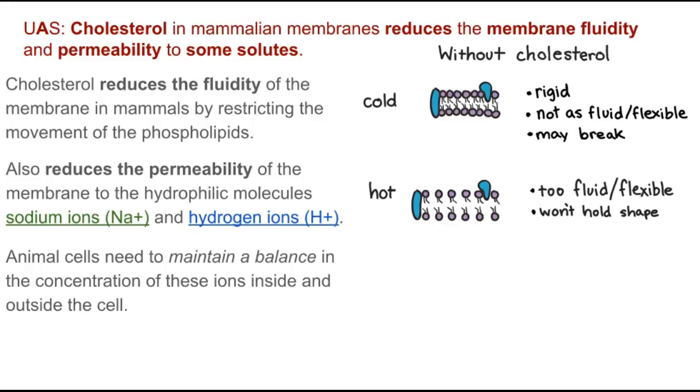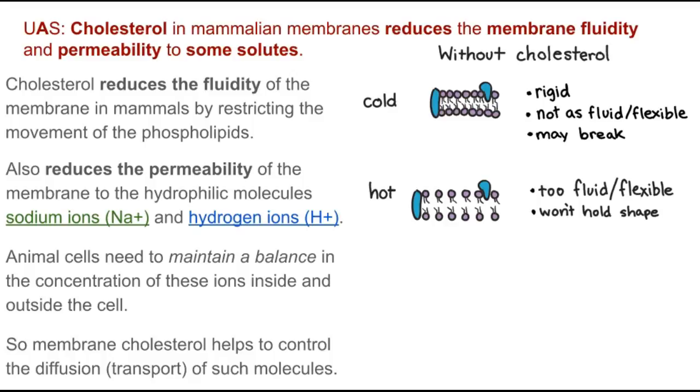Animal cells need to maintain a balance in the concentration of these ions inside and outside the cell for various reasons, which we will talk about in the near future. So, membrane cholesterol helps to control the diffusion, the transport of such molecules. And again, more on this in section 1.4.